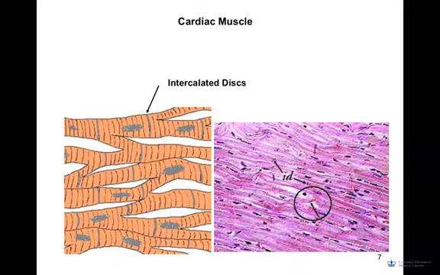And what defines cardiac muscle, or its defining anatomical features, include that cardiac muscle is a type of muscle that we call striated. The striations are these linear lines. In this cartoon here on the left, the striations are these linear lines that you see along the muscle cell.